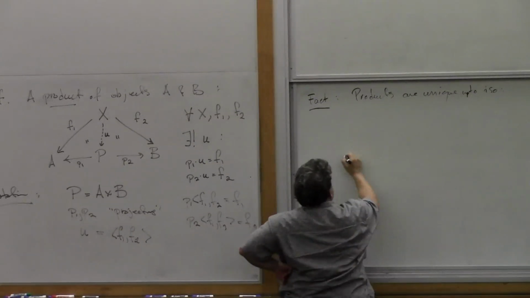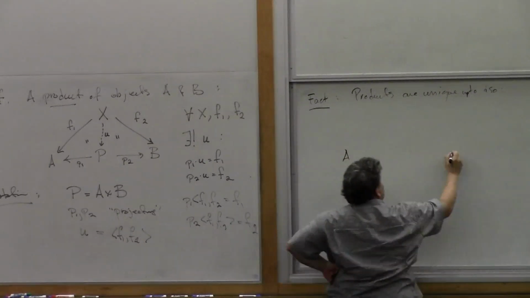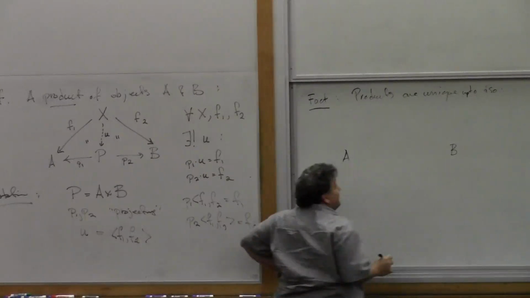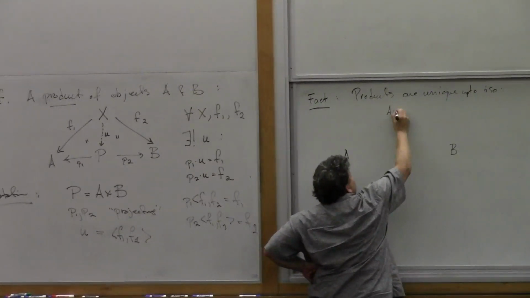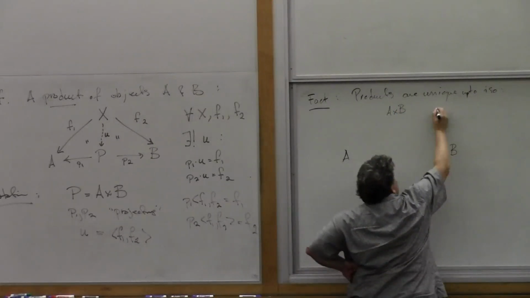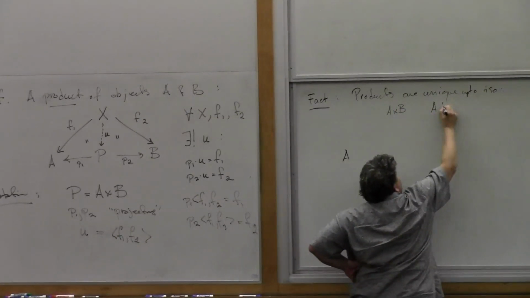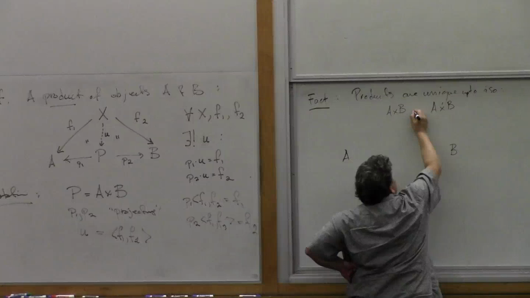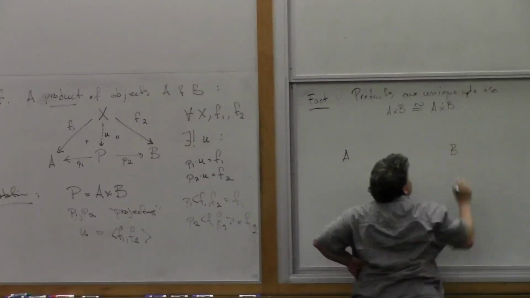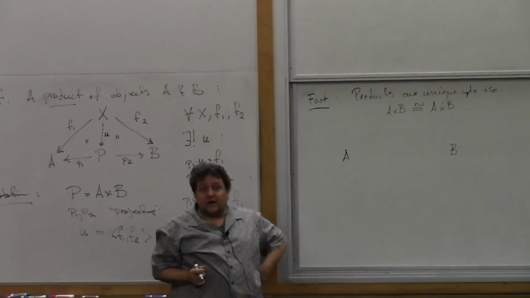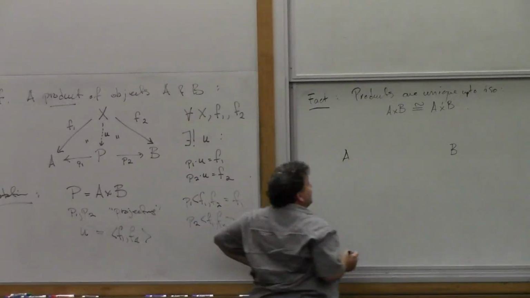Well, let's suppose I have here A and B, and I have two products. If I have two different products, like this one and this other one here, then they must be isomorphic. That's my claim. Any two products are isomorphic. So let's see how to prove that.